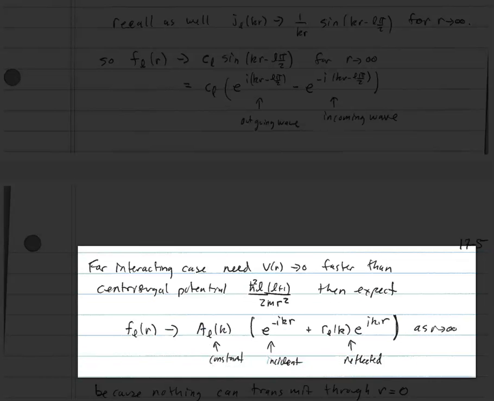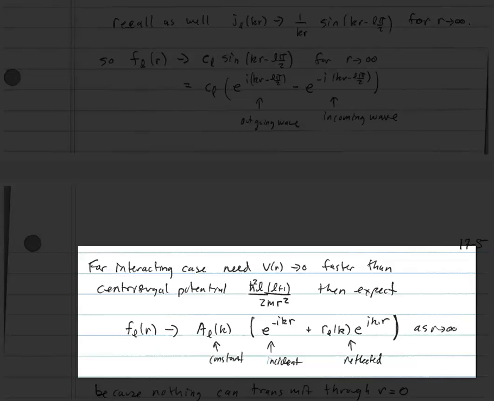Now, for an interacting case where V of r goes to 0 faster than the centrifugal potential, we expect that the f will go like some constant, A_L of k, times the incident wave, e to the minus i kr, plus a reflective wave, R_L of k, e to the i kr, as r goes to infinity.